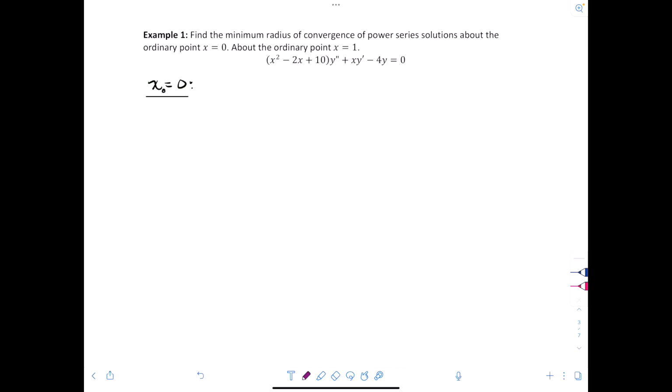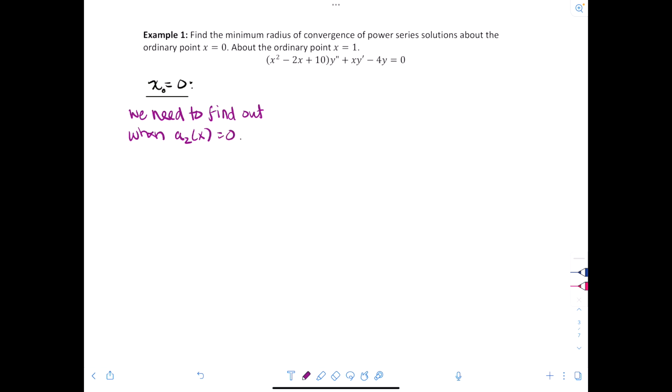So we need to find out when a2 at x equals 0.